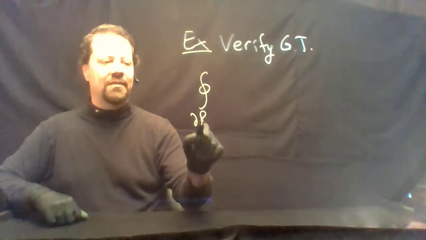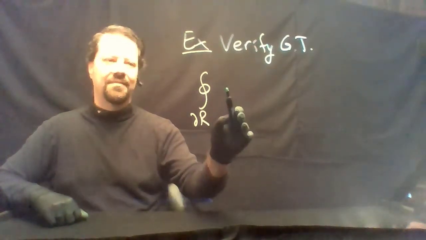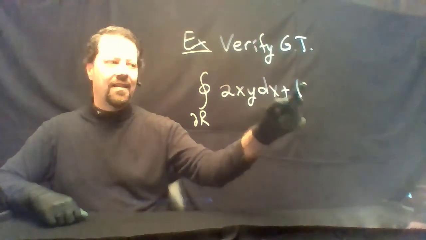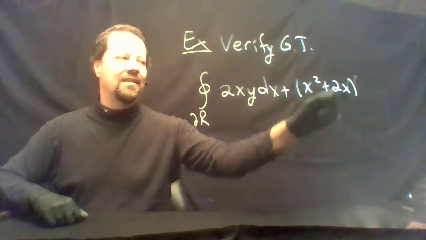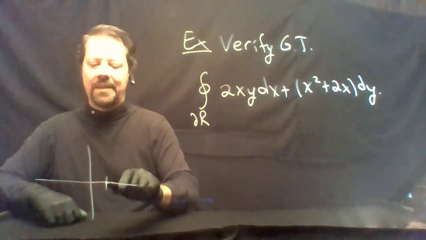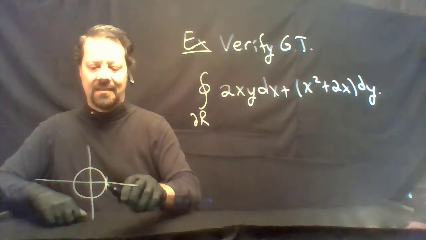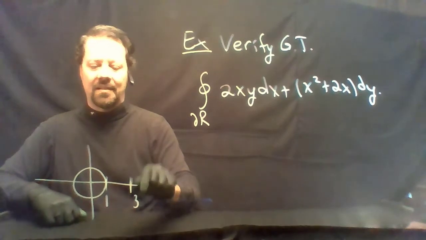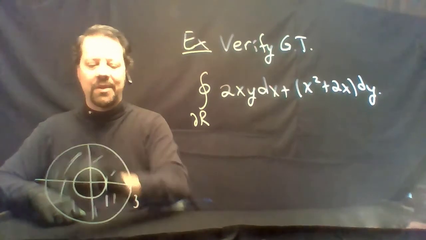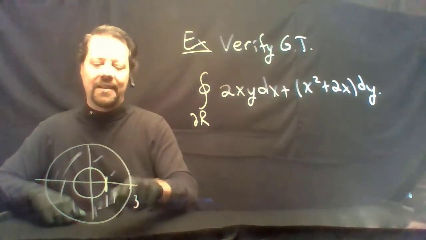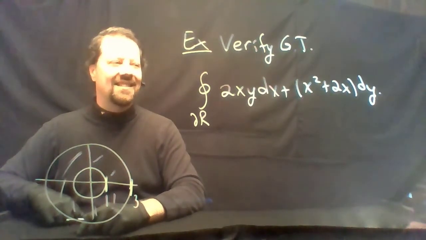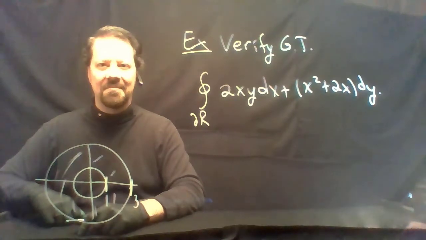The integral will be the integral around the boundary of R of 2xy dx plus x squared plus 2x dy, and the region is going to be an annulus, two concentric circles, the region between two concentric circles, the inner one of radius 1 and the outer one of radius 3. So let's verify Green's theorem.